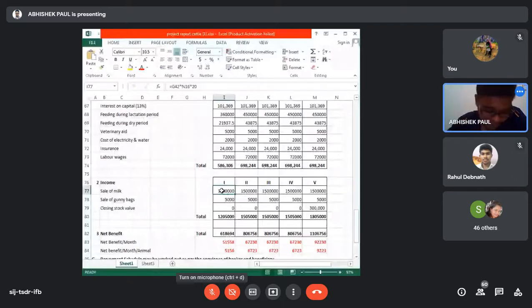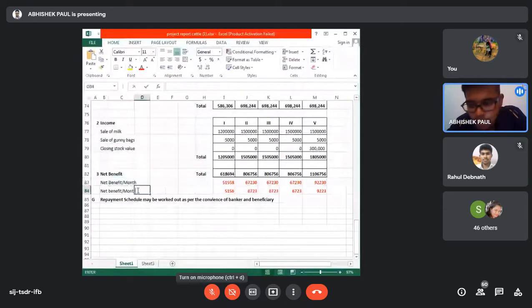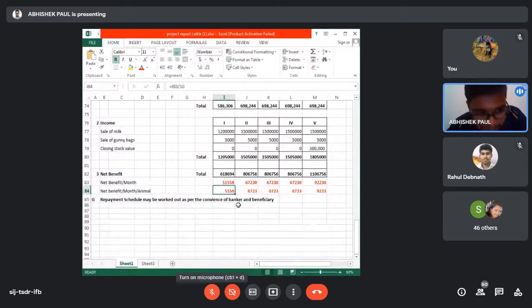So you see the final outcome, what they have calculated: the net benefit per month per animal, meaning how much amount the farmer is getting per month per animal. As per this project, the net benefit per month per animal is 5,000 rupees.